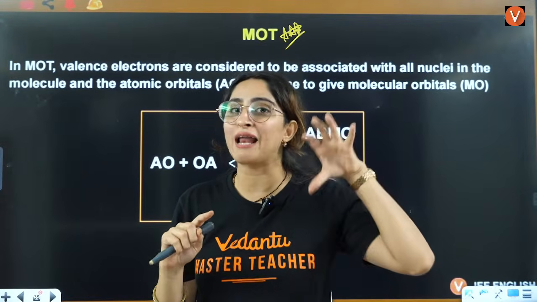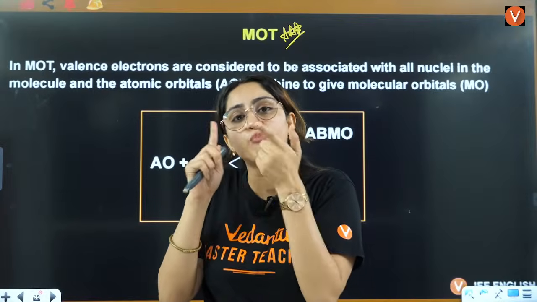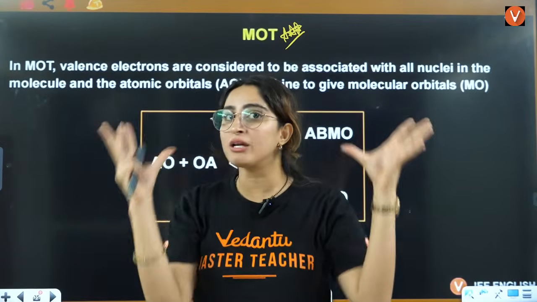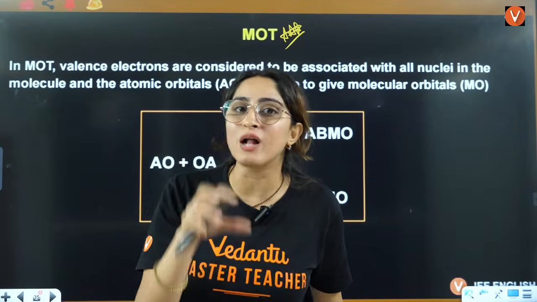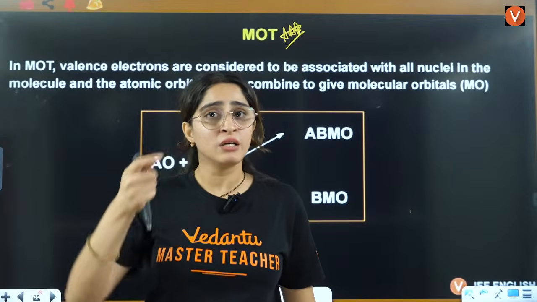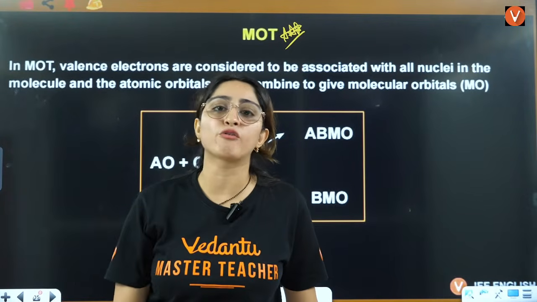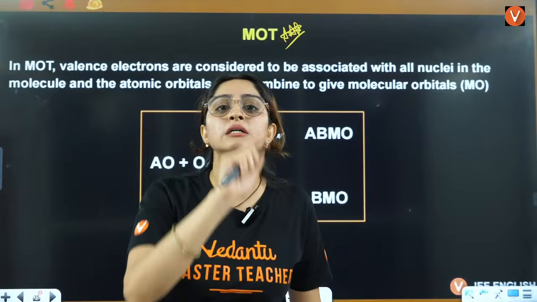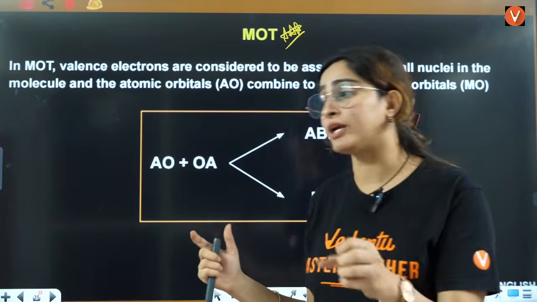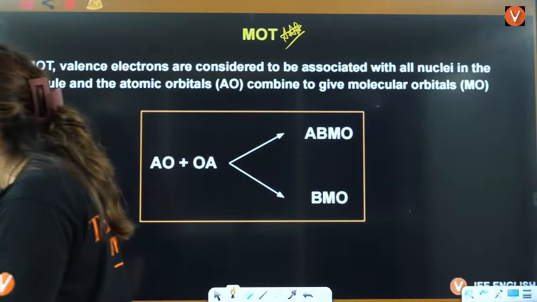If you know how to calculate shape, you can calculate the value of bond angle or the dipole moment, right? All that I have taught you falls under only one thing, that is shape and hybridization. If you know shape, only then you will be able to calculate bond angle or the dipole moment, right? Now this is a different topic, that is MOT, molecular orbital theory, right?